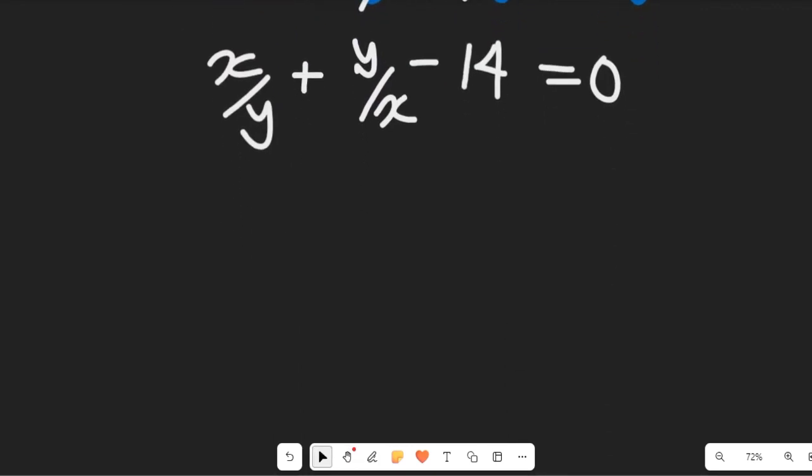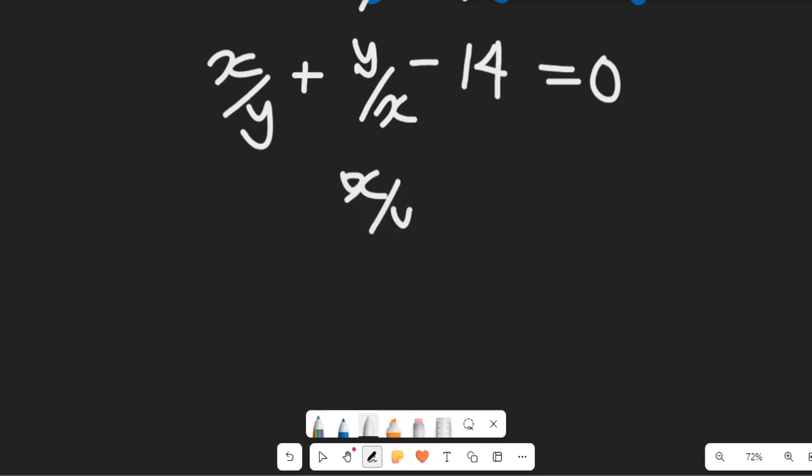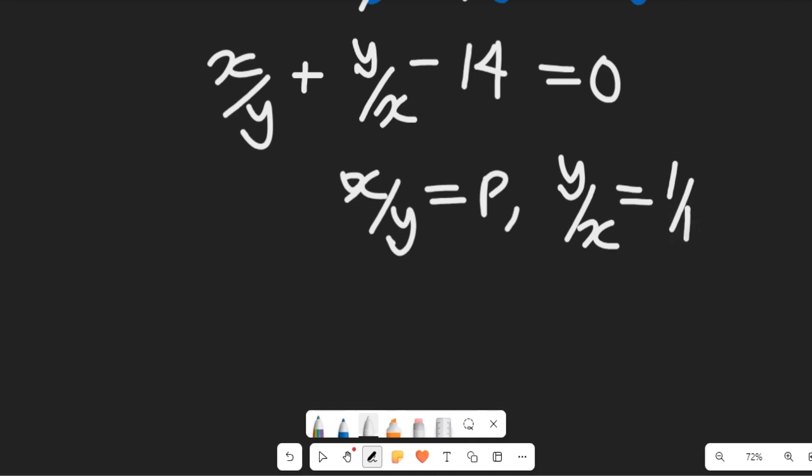Good. From that expression, we are going to make an assumption. Let the value of x divided by y be equal to p. That way, the inverse of it, which is y divided by x, will be equal to 1 divided by p.